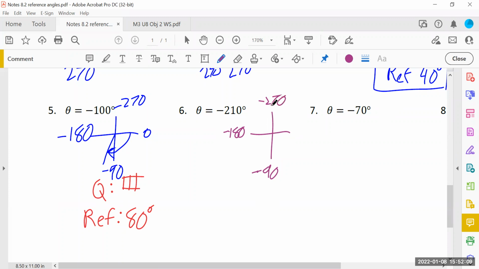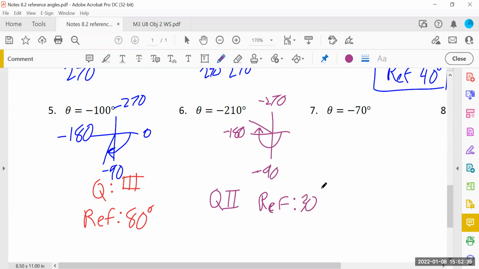Sorry about that, everybody. So -210 would be right here. There's my negative direction. And I have both my quadrant, quadrant II, and my reference angle. The reference angle is the distance between -180 and -210, which is 30 degrees.